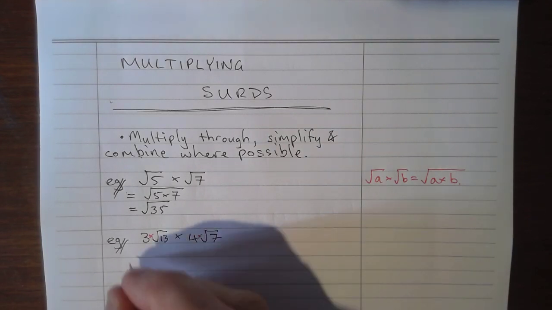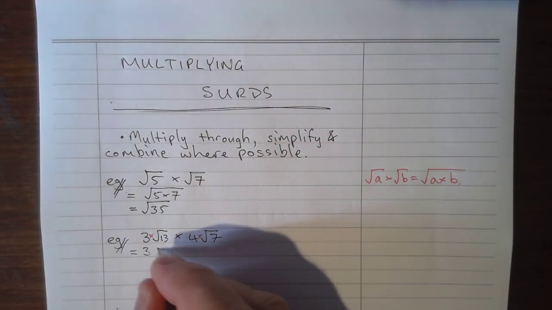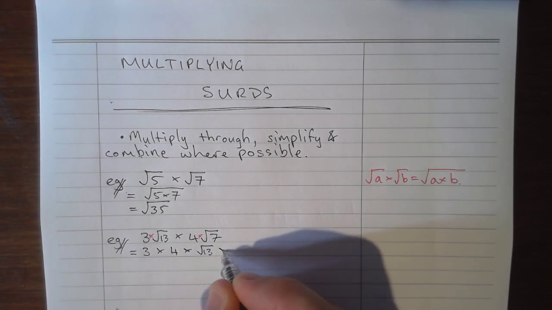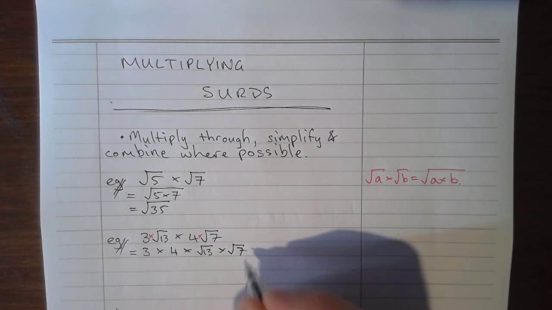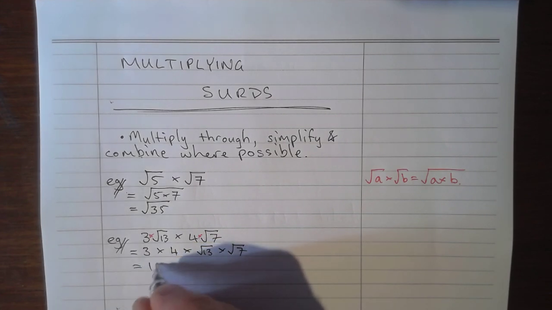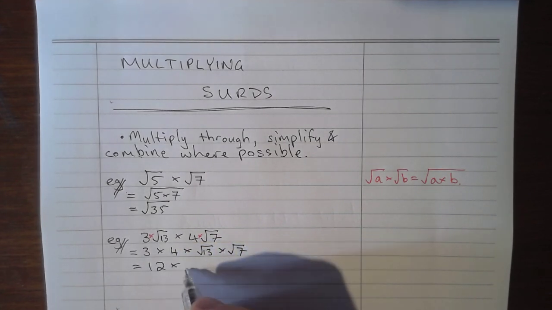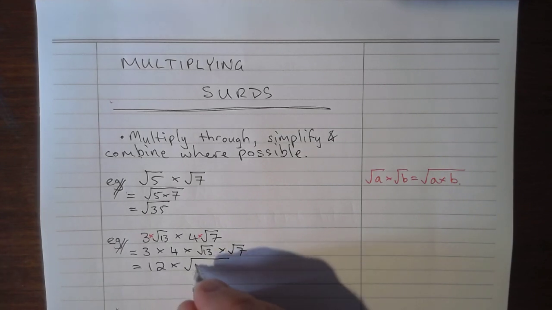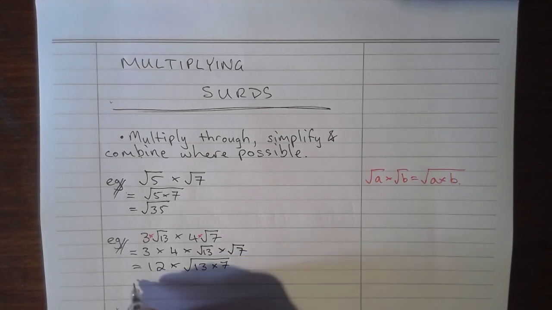Multiplication we can change the order of, so it's perfectly okay to say that that's 3 times 4 times the square root of 13 times the square root of 7, or 12, 3 times 4, multiplied by, and again using our rule, 13 times 7 under the square root symbol.